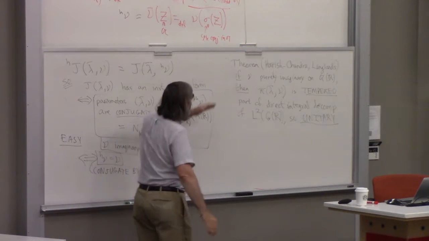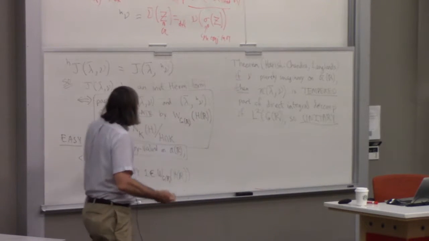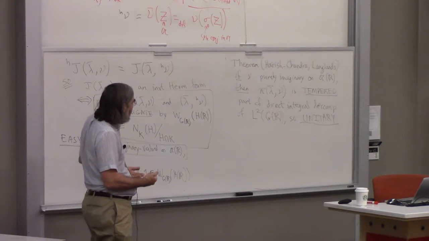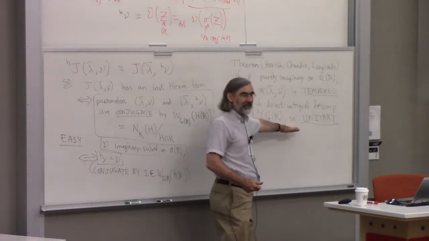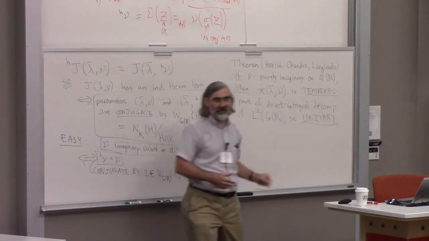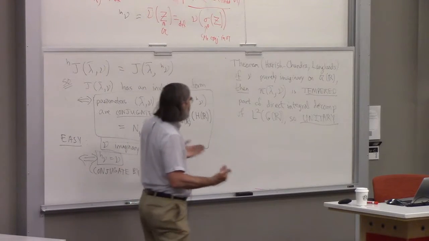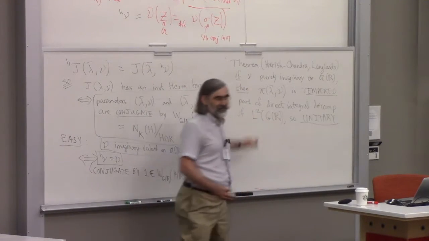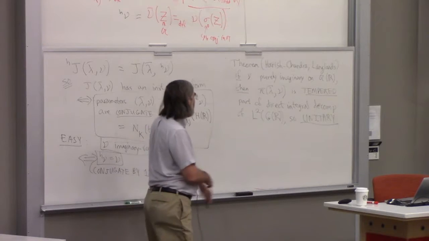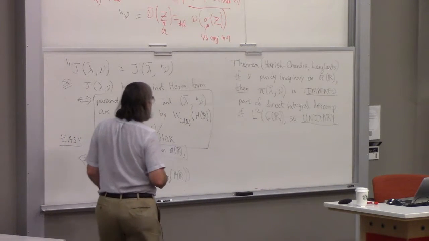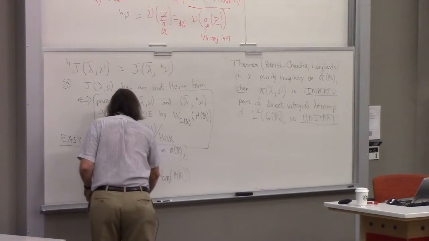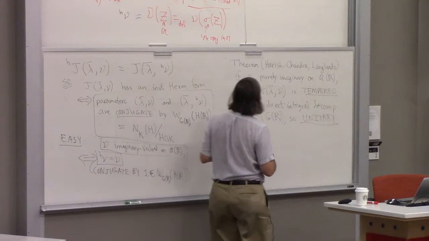So these easiest Hermitian representations are unitary, and it's important that they're unitary. These are the ones that you need to do the most basic harmonic analysis problem, to decompose L2. And in fact, this is if and only if.